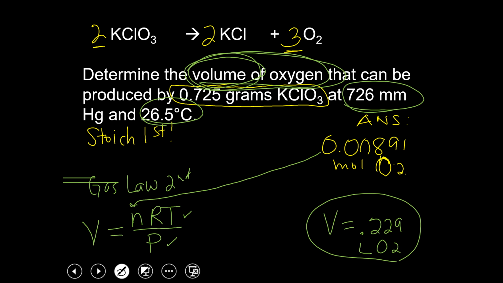So that's the answer you should get in the end. Now, model it after the ones that we did previously, where we did Stoich first and gas law second. And if you cannot get this answer, please see me, and I will gladly help you out. Or see a classmate who did get that answer. Okay?